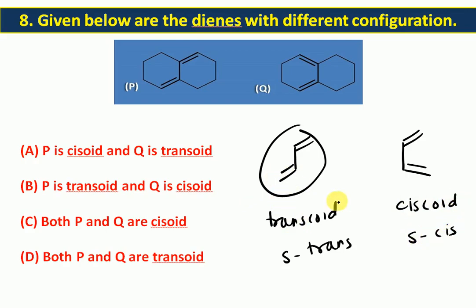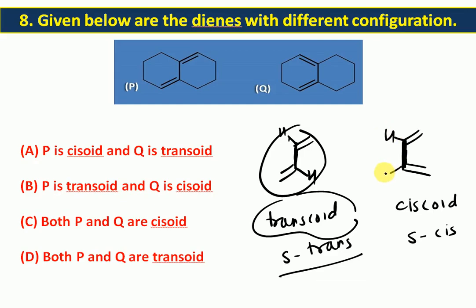What is exactly transcoid and ciscoid? Whenever stereochemistry around this single bond, the single bond joining two double bonds, is trans, it is called as S-trans or transcoid diene. Whenever stereochemistry around this single bond, that is the bond attached to the two double bonds, has cis stereochemistry, it is called as S-cis, that is ciscoid. This S stands for single bond.